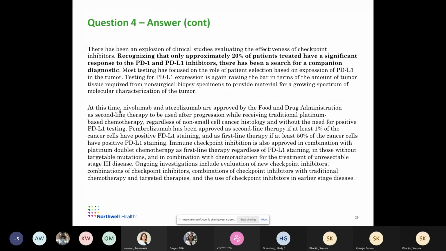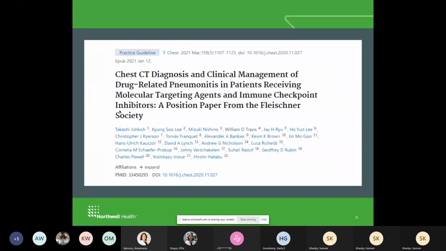And then just more about PD-L1 inhibitors. This is a paper that came out in January. It was published in Chest. It's from the Fleischner Society, who publishes a lot on different pulmonary manifestations, but they talk about immune checkpoint inhibitors and these targeting agents. This is something that we see pretty regularly.